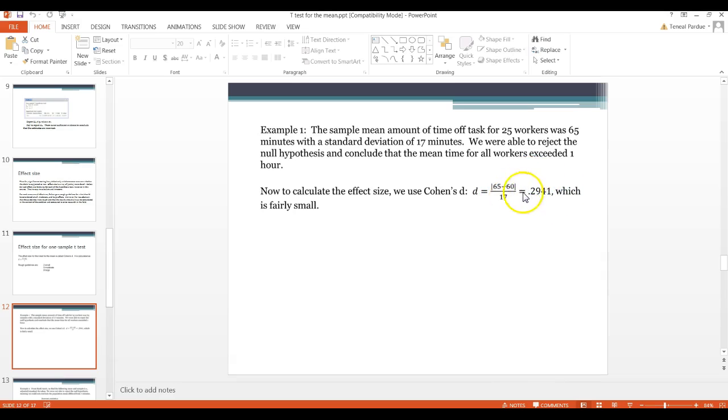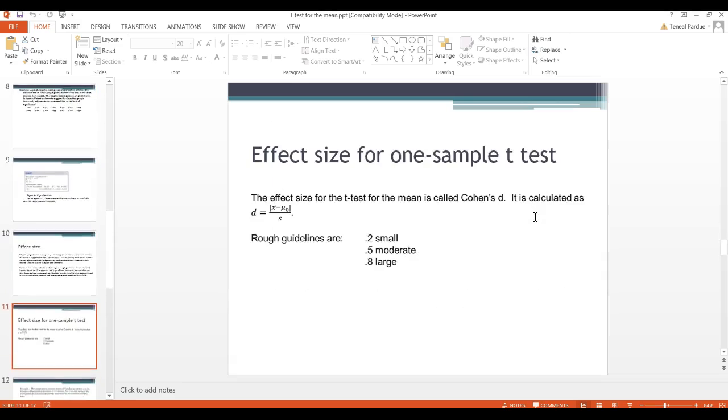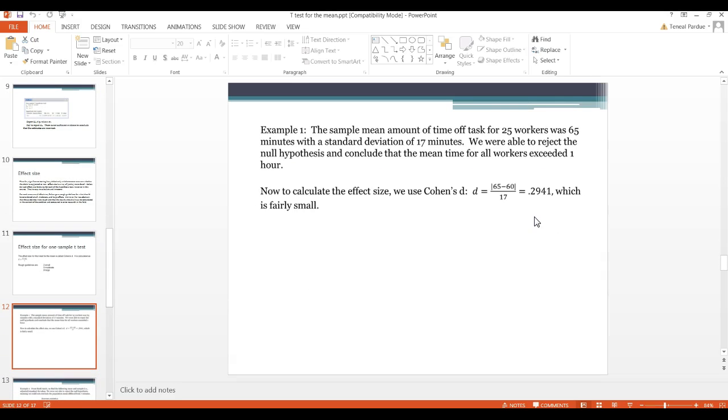So that gives us 0.2941, which is between small and moderate, so I just called it fairly small. Okay, so for this one, we were able to reject the null hypothesis. So it looks like we can conclude that the mean time exceeds 1 hour. It just doesn't exceed it by a whole lot.